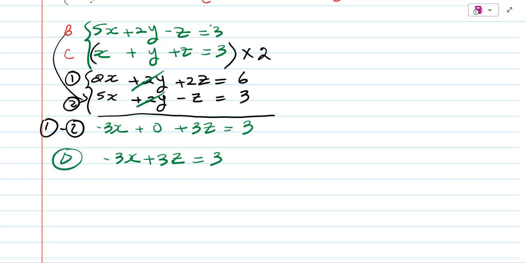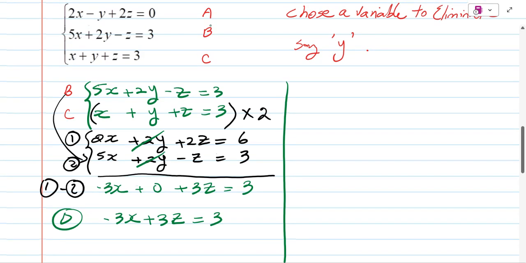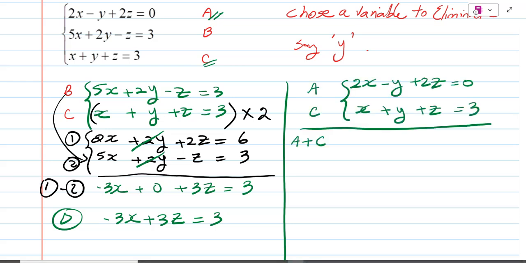Now we're going to pair up another two equations. The easiest one will be C and A. In this case it's very straightforward.